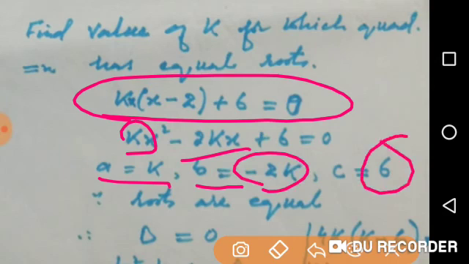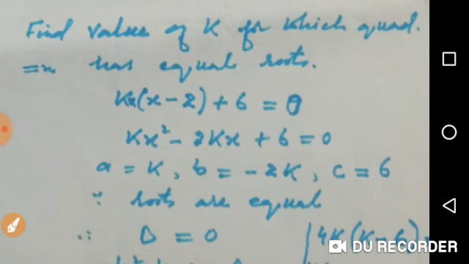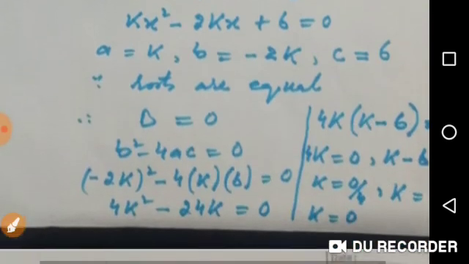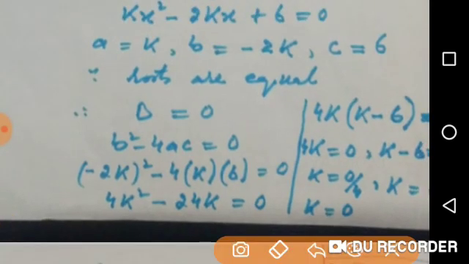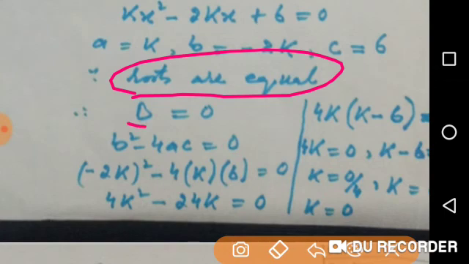When you go for finding the value of k, you should keep in mind the condition given. Here the condition is that roots are equal, so it means d is equal to 0. Only in this condition can roots be equal.